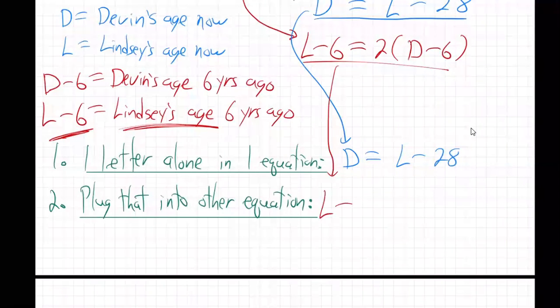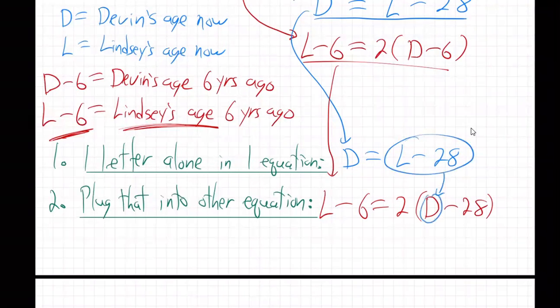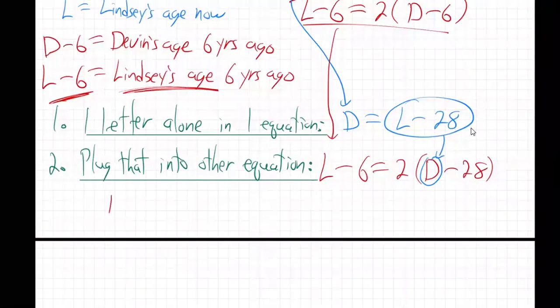So L minus 6 is 2 D minus 28. So I'm going to grab this right here and plug in right there for D, right? Because D equals L minus 28. Going to plug in for D, L minus 28. That's a little different than we're used to seeing. That'll be L minus 6 equals 2 parenthesis.